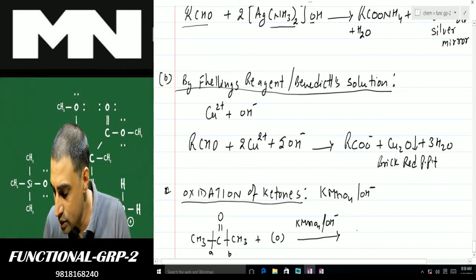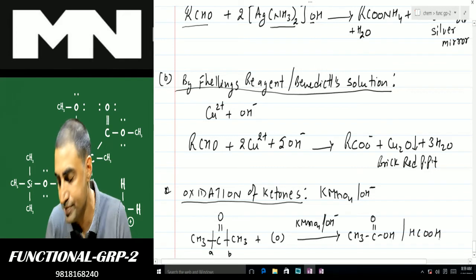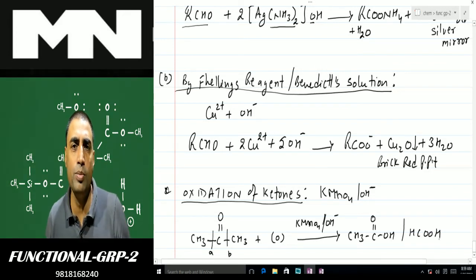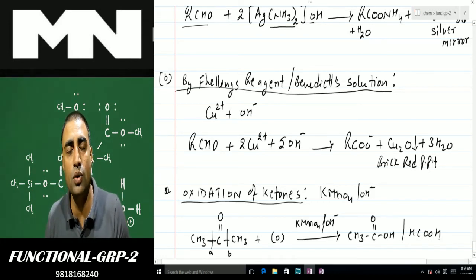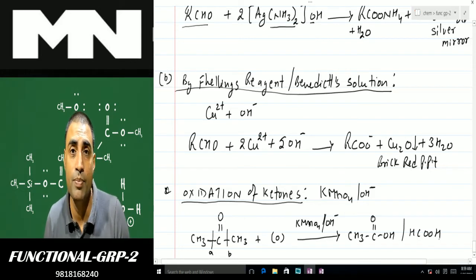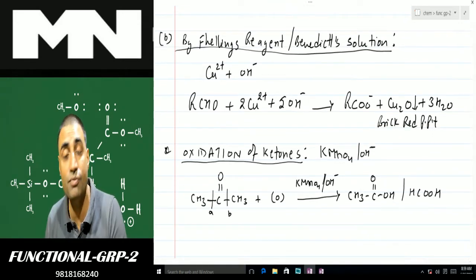So you will get 2 different carboxylic acids, that is CH3COOH, and HCOOH. My dear students, in both cases, on one side you will get 2 carbons, on the other side 1 carbon. The carboxylic acid containing 2 carbons is acetic acid, and the carboxylic acid containing 1 carbon is formic acid. So you'll get a mixture of acetic acid and formic acid.